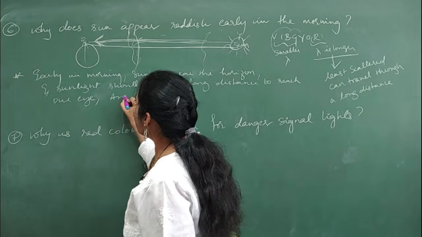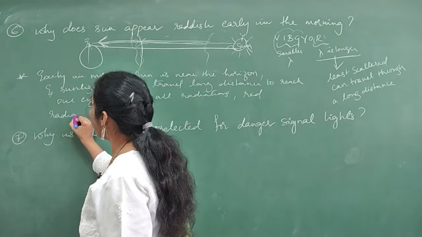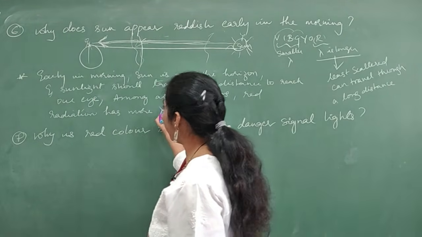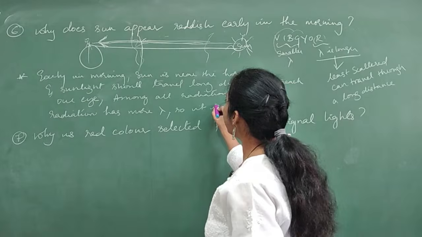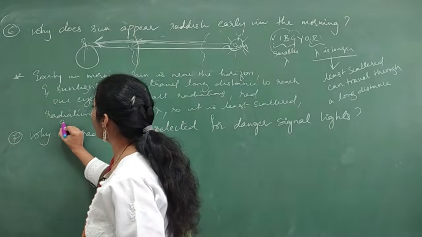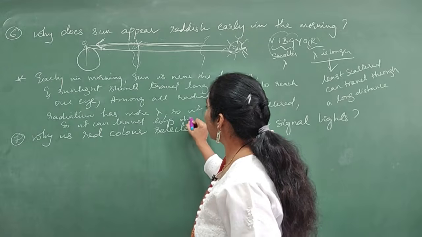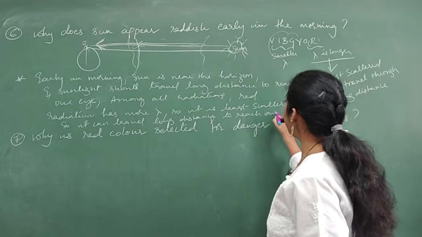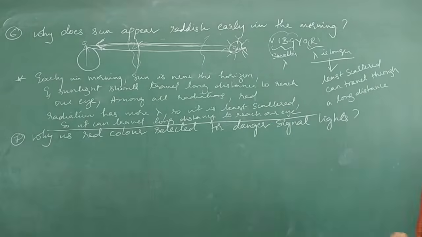Among all the radiations, red radiation has more wavelength, lambda in the sense wavelength, so it is least scattered, so it can travel a long distance to reach our eye. Okay, so this is the sentence that you can write for this question.